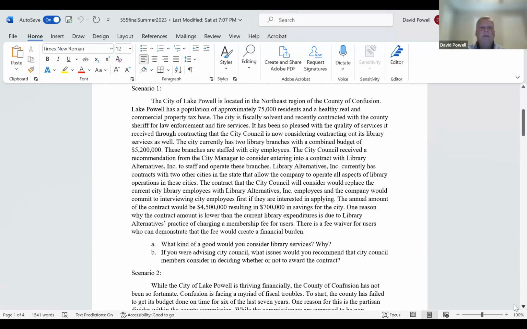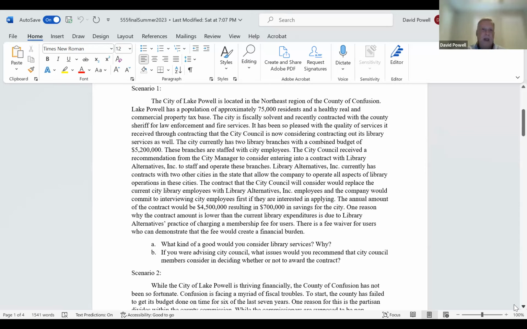So the first question is, what kind of good would you consider library services and why? And we had talked about different types of goods very early on in our time together. We talked about public goods versus private goods versus toll goods versus common pool goods. Public goods being non-excludable and non-exhaustible, private goods being exhaustible and excludable, toll goods being excludable but non-exhaustible, and then common pool goods being just the opposite of toll goods.